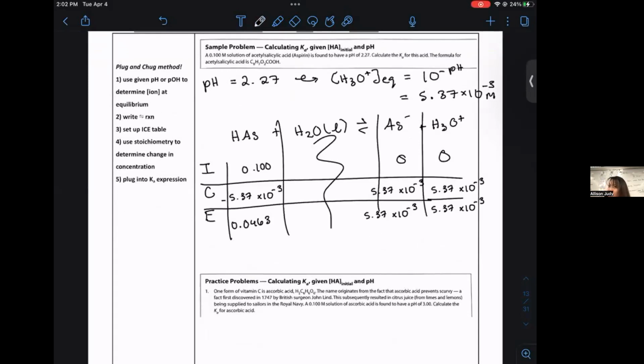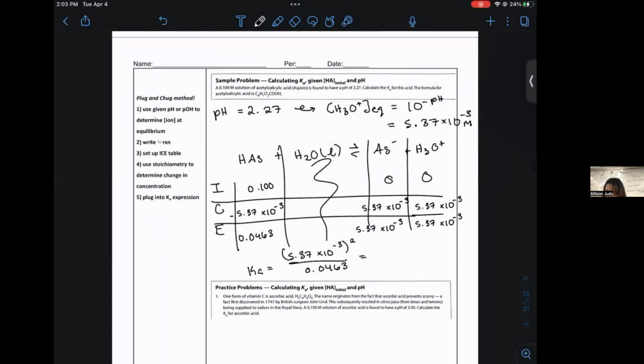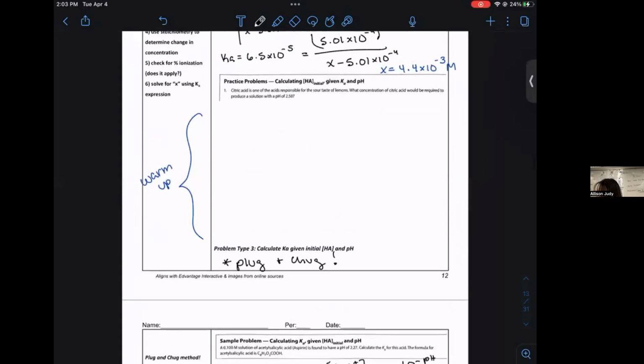I plug this all in and I just do the math. Ka is equal to 5.37, my ion products multiplied together, times itself, so squared, all over my equilibrium acid, so 0.0463, and I should get a value of, where am I? 3.0 times 10 to the negative 4th for my Ka.